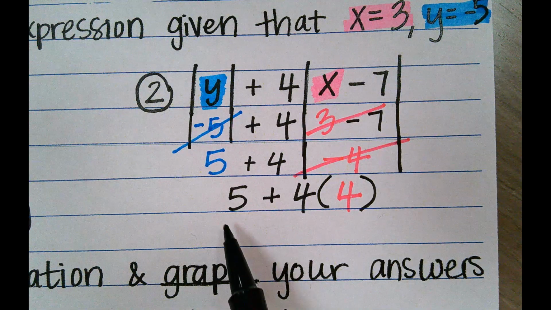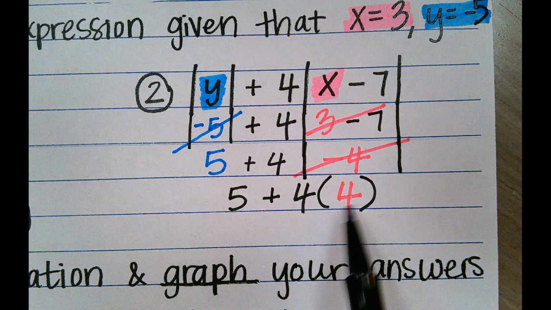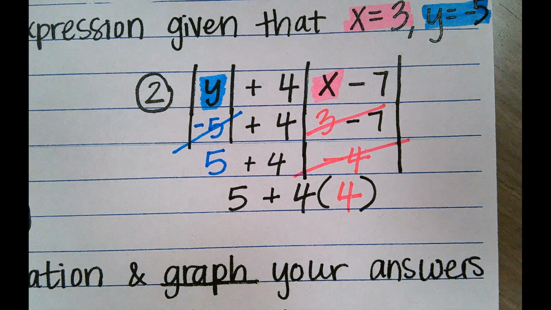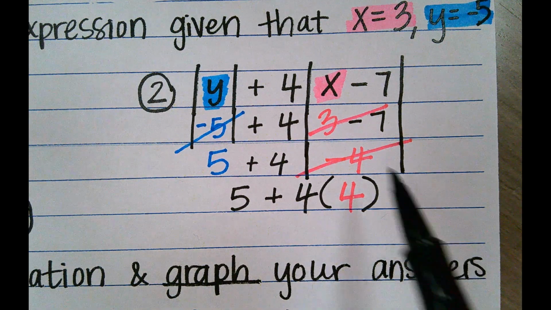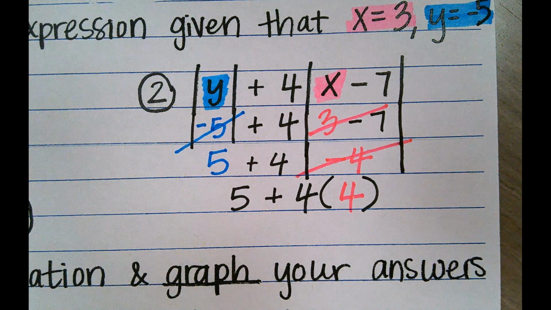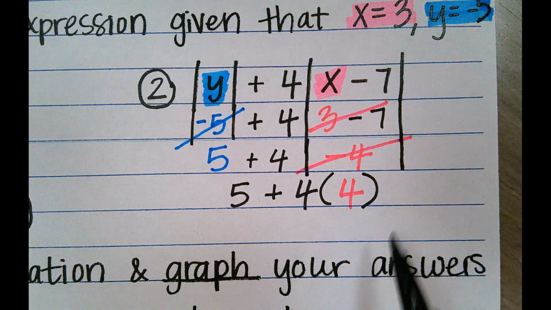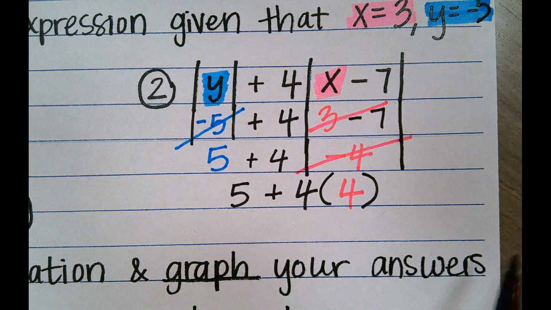Okay, should we do 5 plus 4 first or 4 times 4 first? That will give us a different answer. If I do 5 plus 4 is 9 times 4, I would get 36. If I do 4 times 4 is 16 plus 5, I get 21. Those are two very different answers. So this is where we have to be careful and think about the order of operations.